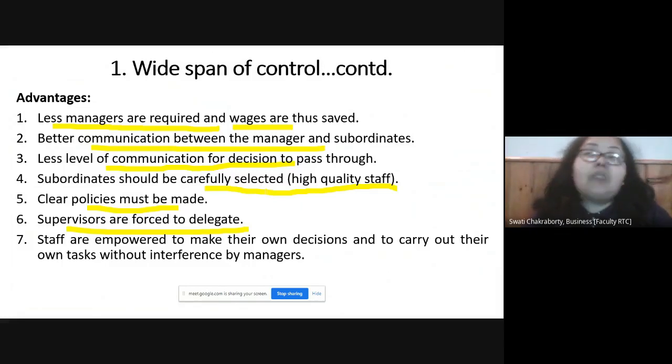If you're the boss, you have to ensure that people working for you are really taking up responsibilities. You have to delegate the work. Employees can make their own decisions and carry out their own tasks without interference by managers, because there are a lot of people working under you. They have to take their own responsibility.